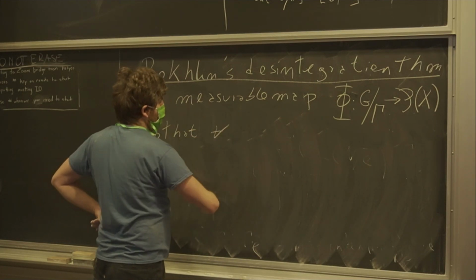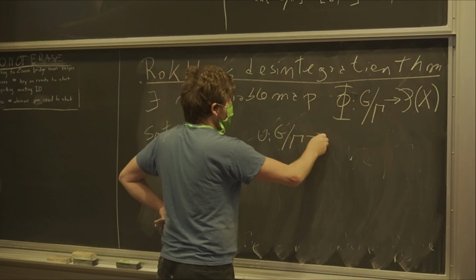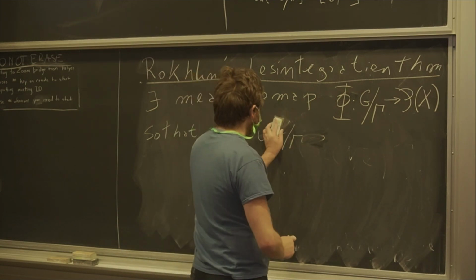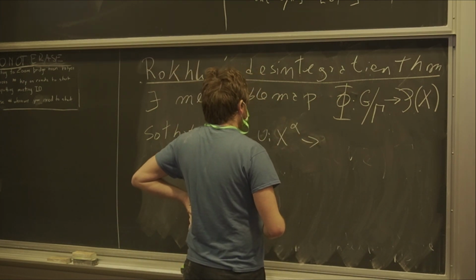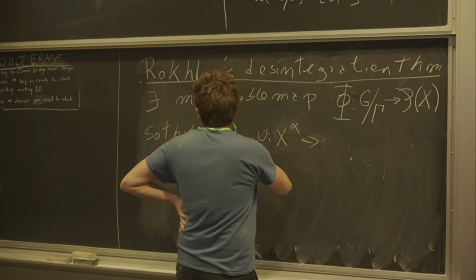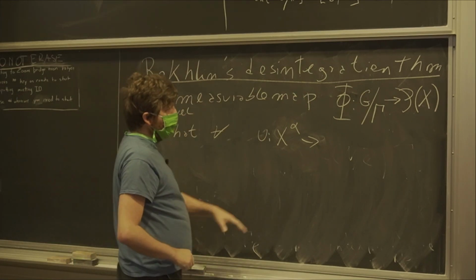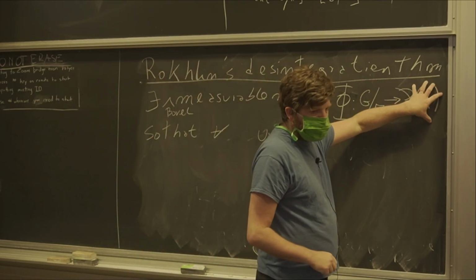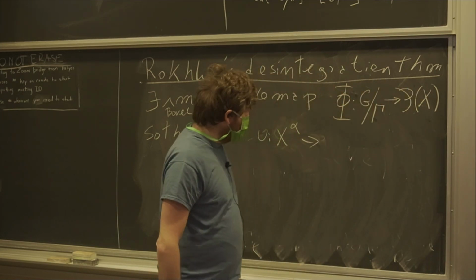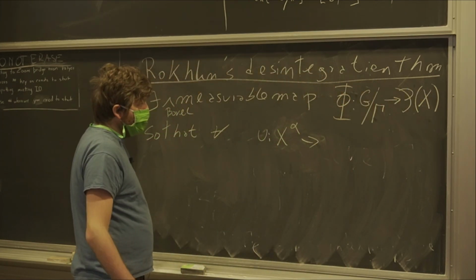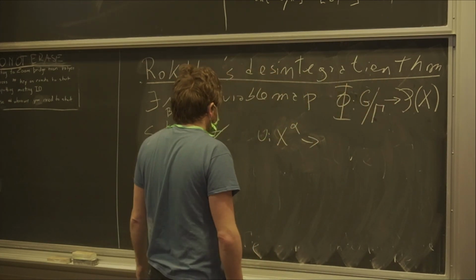For every function u from X alpha, I'm sorry, and here measurable means Borel measurable. This is naturally a compact metric space with its topology, and this is Borel measurability, so pre-images of compact or open sets here are Borel measurable.